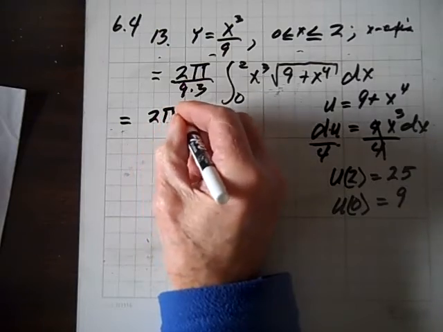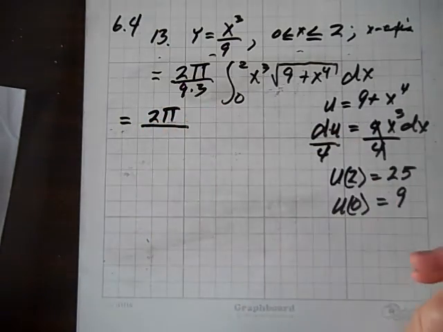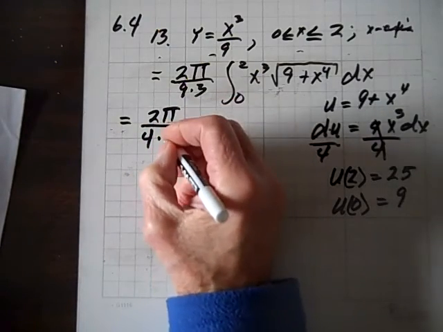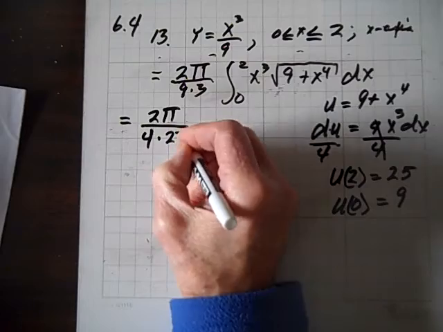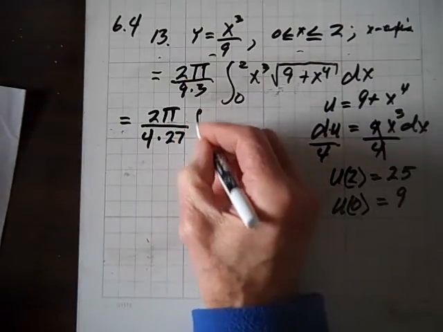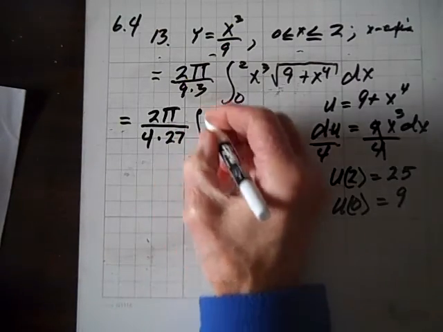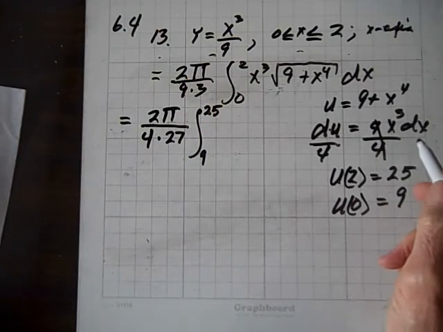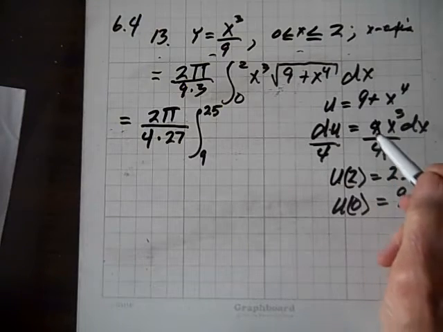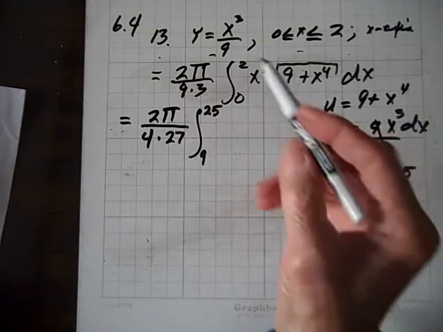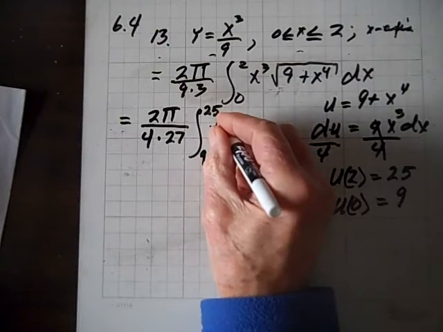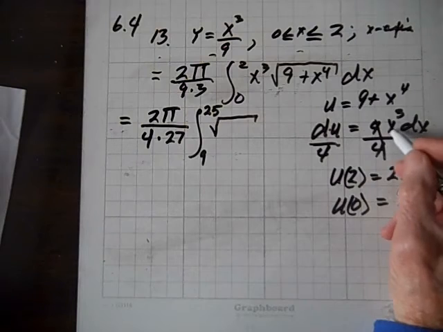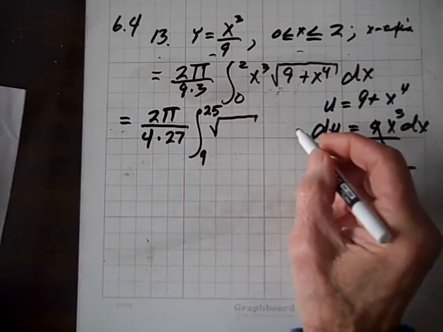So now what we have is 2 pi, and we need a 4 down here. It's 4 times, and 9 times 3 is 27, and that's going to be the integral from 9 to 25 of the square root of u, since x cubed dx is du over 4.